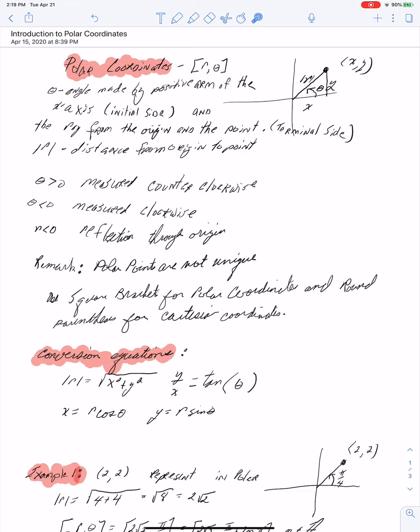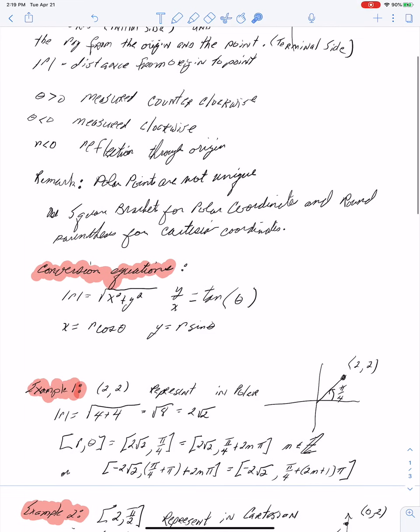X over r is cosine theta, which would make x equal r cosine theta, right? So these are the conversion equations that one uses. The top two convert from Cartesian to polar, and the bottom two, if I start in polar, I know what r and theta is. I can find x or I can find y.